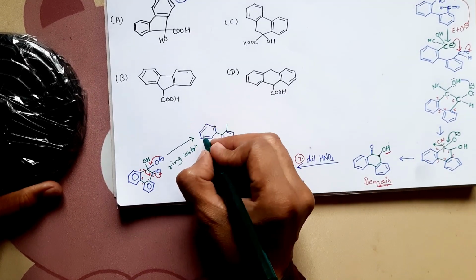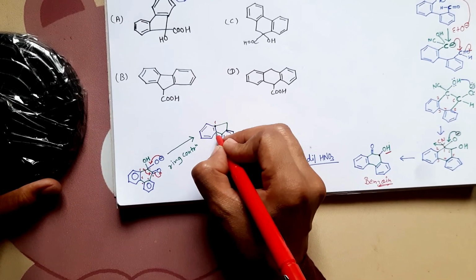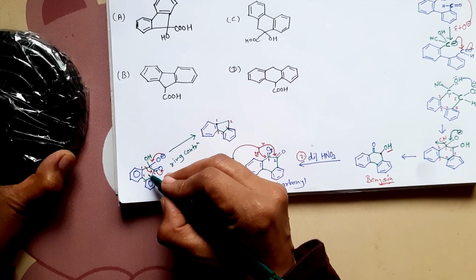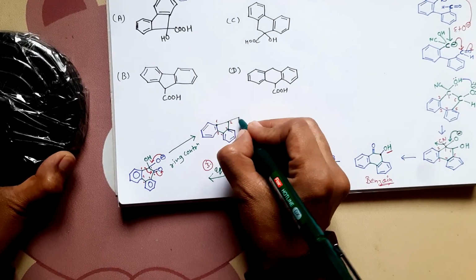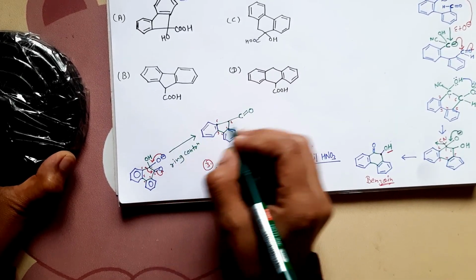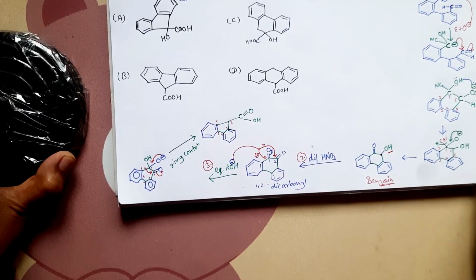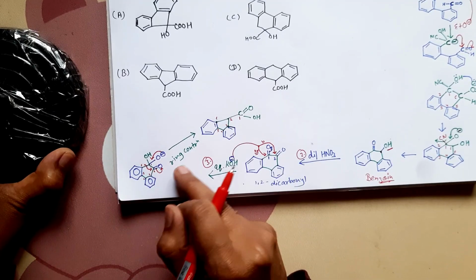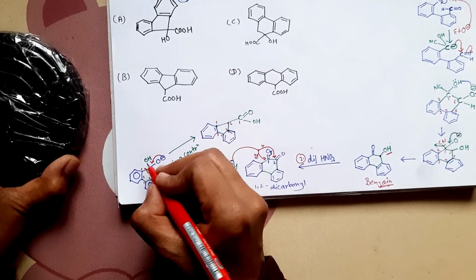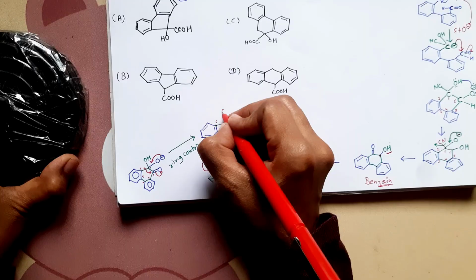So the 6-membered ring converts into a 5-membered ring, and the C1 carbon converts into acid, and on the C2 carbon one O negative is present.